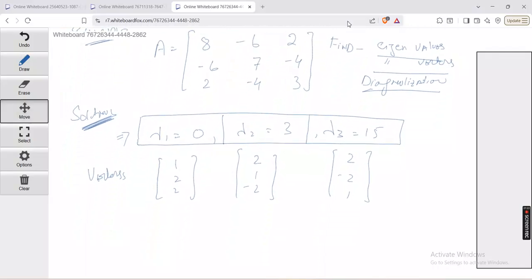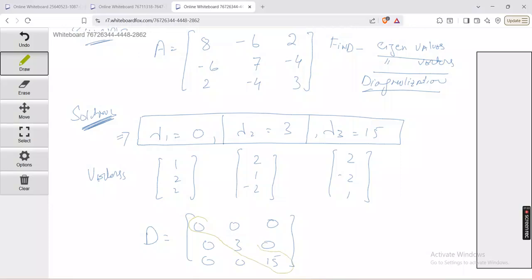And your D matrix will be 0, 0, 0, 0, 3, 0, and 0, 0, 15. Look, they are matching. So this is your answer.